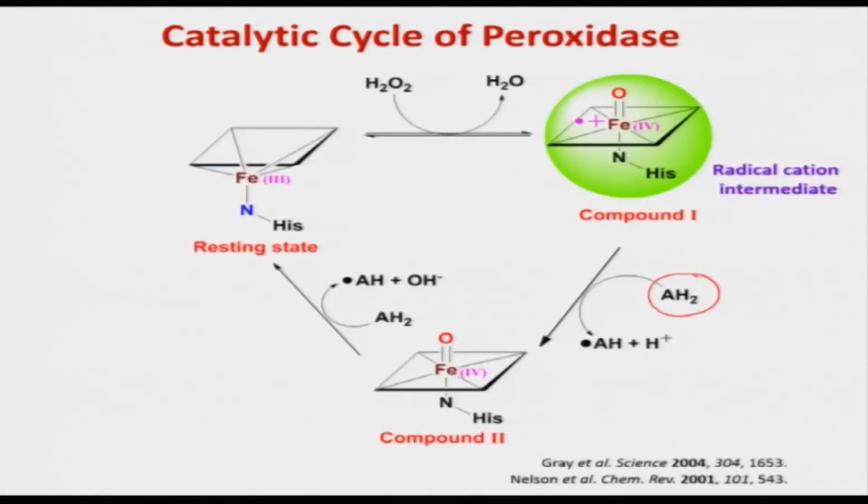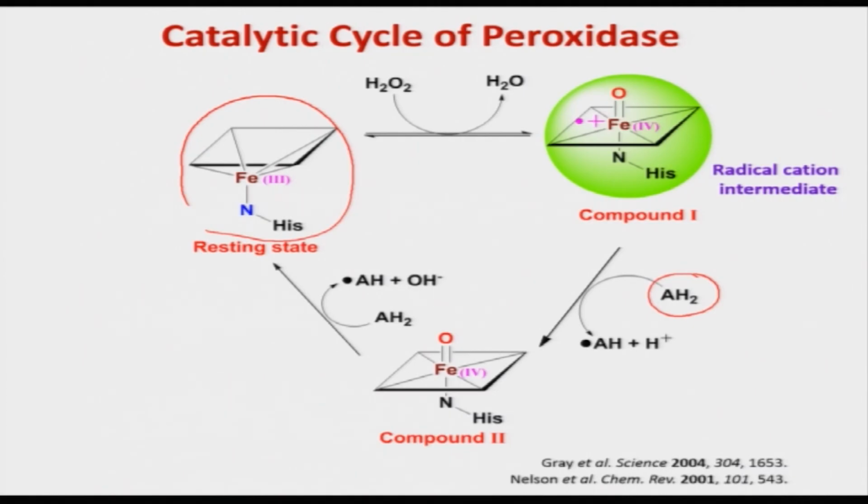Now, let us look at the catalytic cycle in more detail. This is the resting state of the enzyme, the iron 3 heme center, which is oxidized by hydrogen peroxide to the iron 4 oxo cation radical.